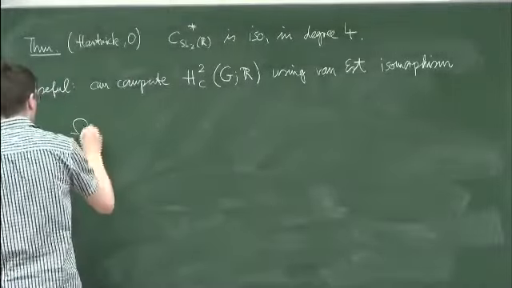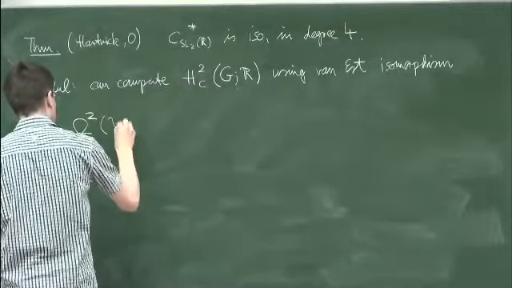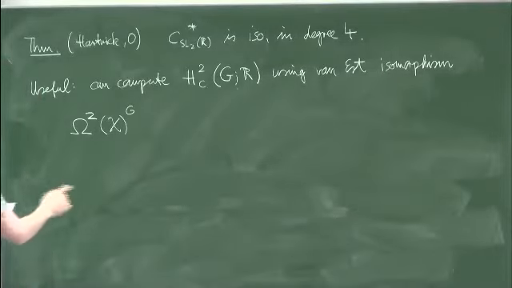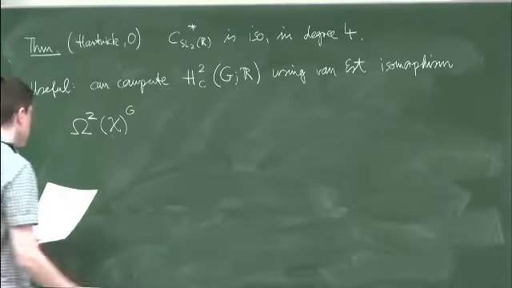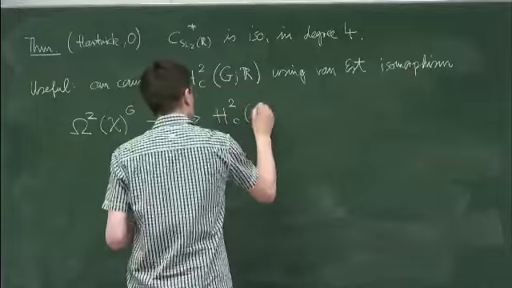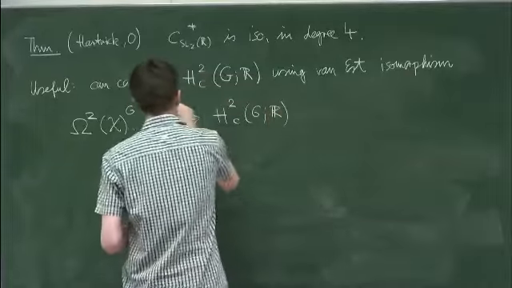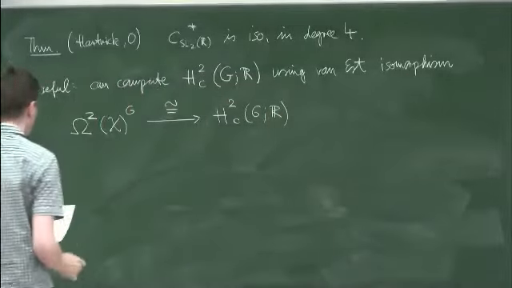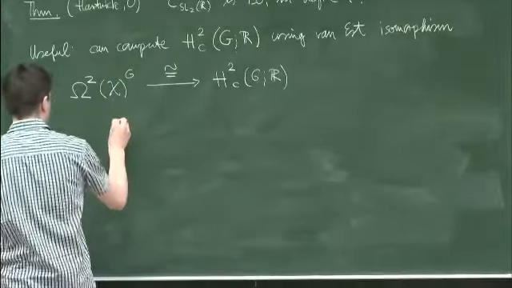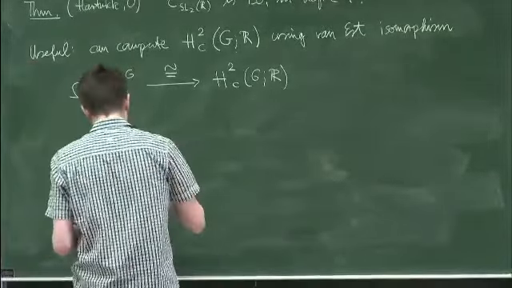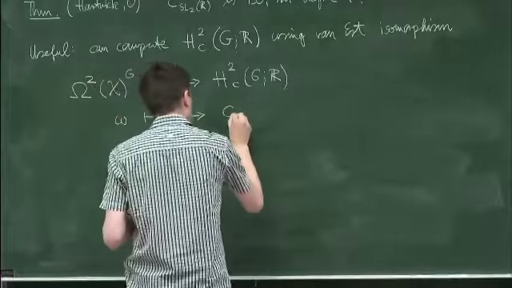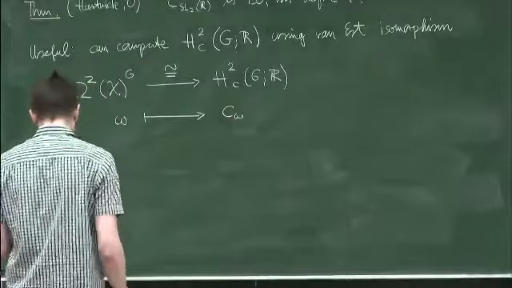It goes from G-invariant 2-forms on the symmetric space to the second continuous cohomology of G, and it can be given on the chain level completely concretely. We take a representative here, an invariant form, and it's mapped to the following cocycle.